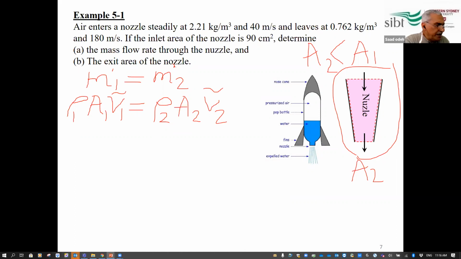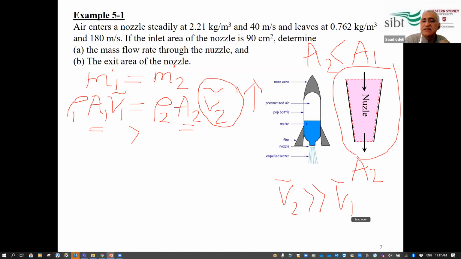And because the area at 1 is bigger than the area at 2, to keep the equation balanced, or both sides equal to each other, the velocity at the exit must be higher. Therefore, in such a system, V2 is much bigger than V1, the velocity at the inlet.